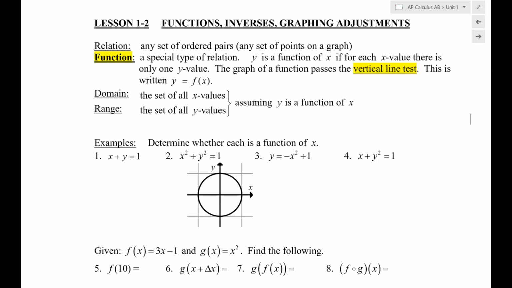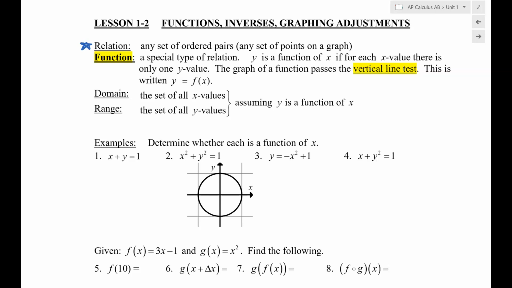Okay, so the first thing that I want to talk about with functions is some definitions. A relation is just any set of ordered pairs. You could see this with ordered pairs or a graph or a table.